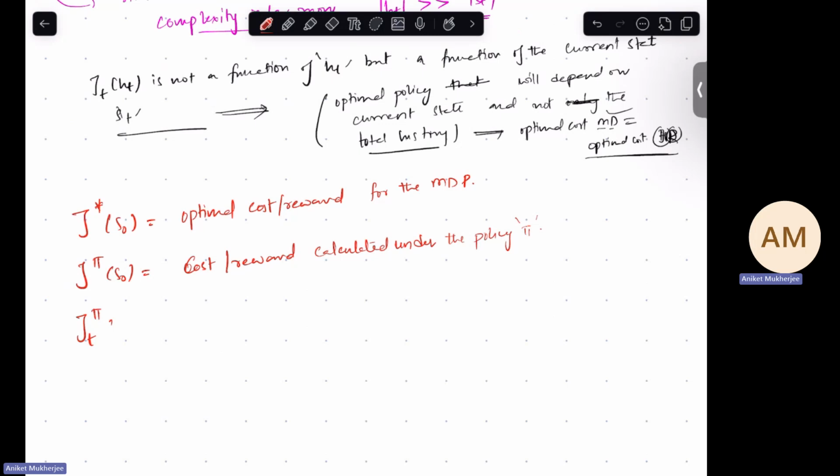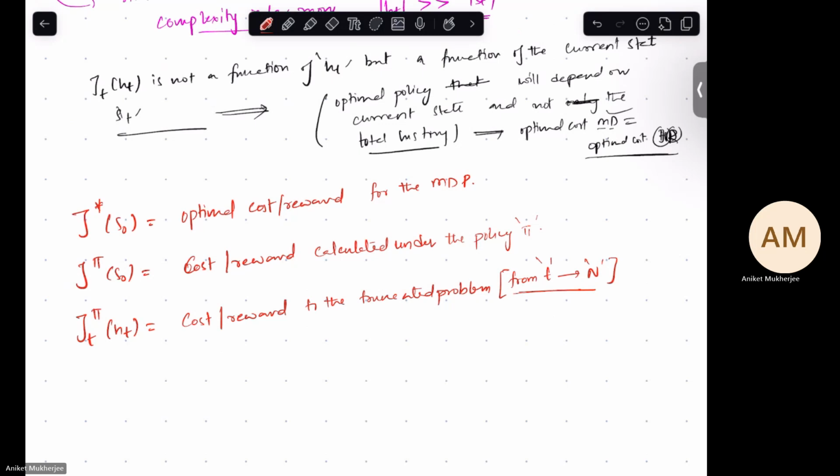JT pi HT is basically the cost or reward of the truncated problem, that is from T to N. So you're solving the problem of finding the optimal cost from T to N under policy pi.